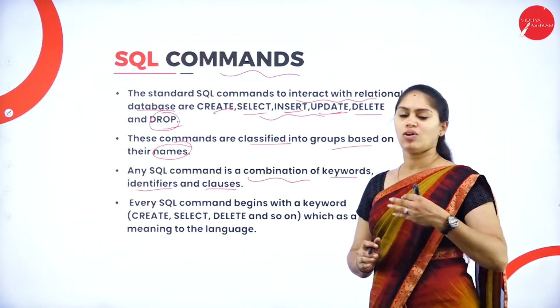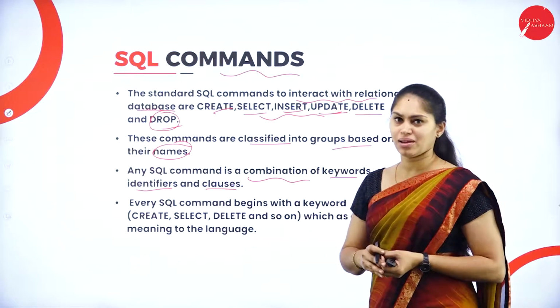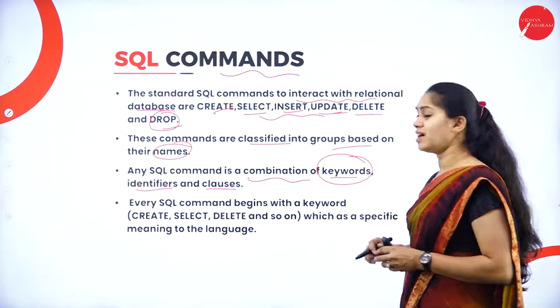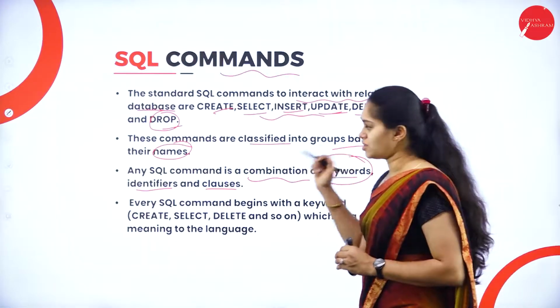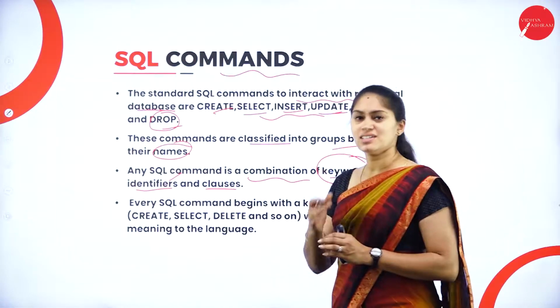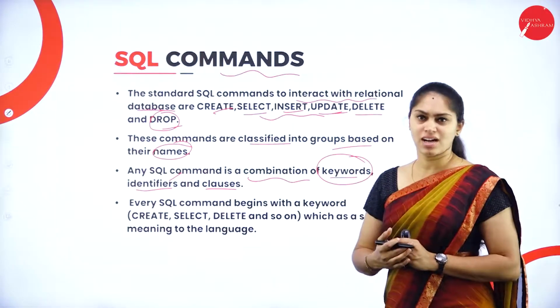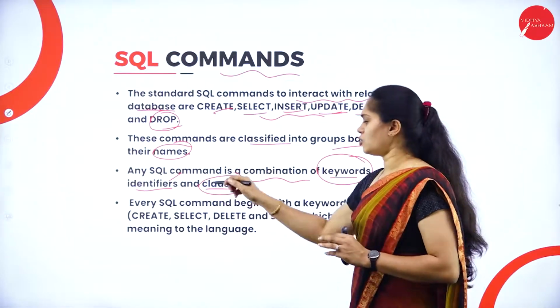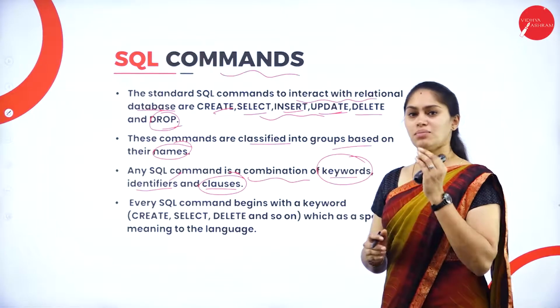Whatever we write to communicate with the RDBMS includes keywords, which have a predefined meaning, and identifiers, that is variables and constants. As I told you earlier, clauses are constraints.